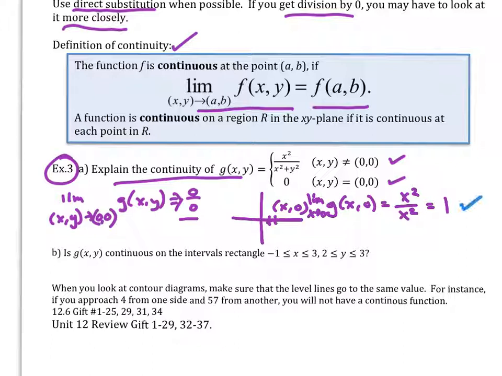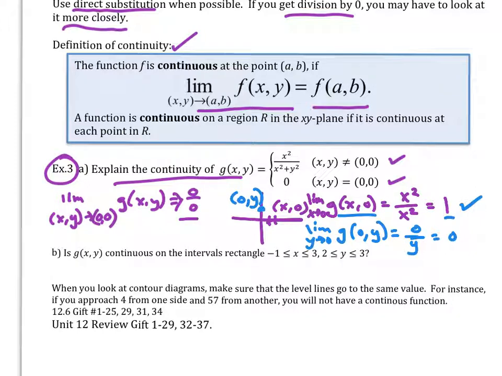So the limit as x goes to 0 of g of (x, 0) is equal to 1. Now, let's do the same thing, but pick a point (0, y). What happens as the limit as y goes to 0 of g of (0, y)? Plugging in 0, I'm going to get 0 over y, which will equal 0.